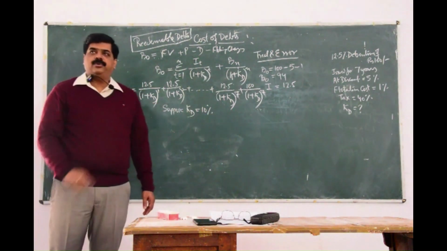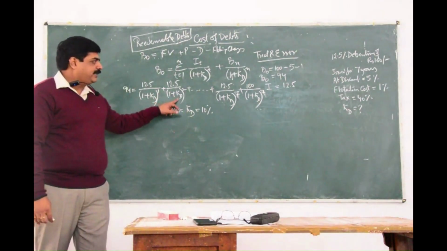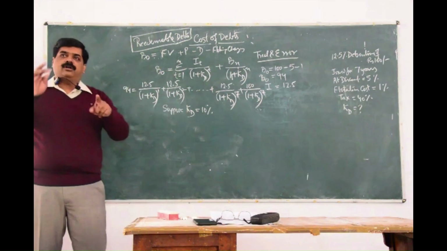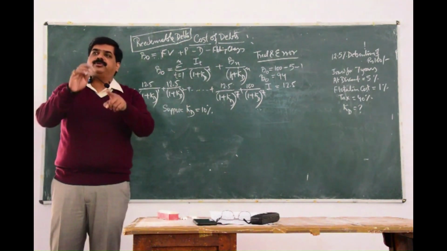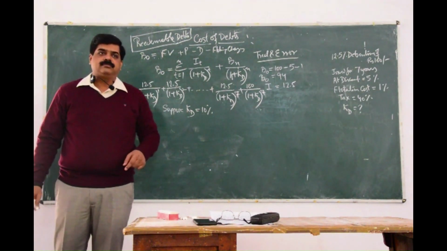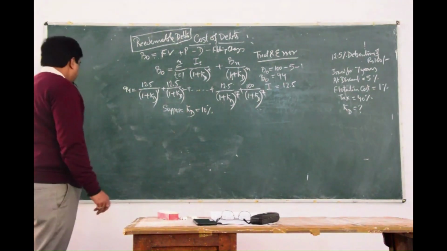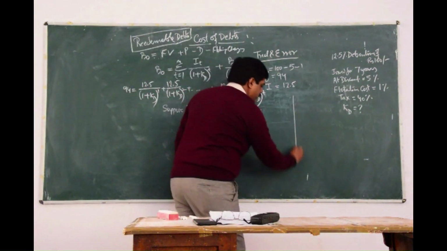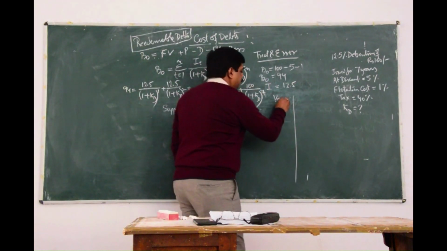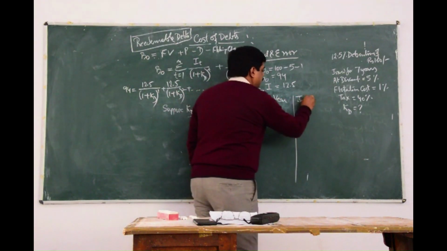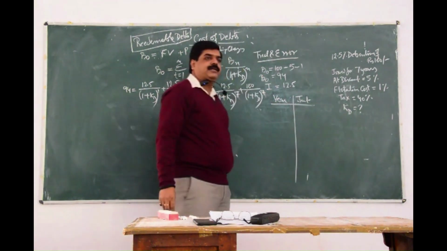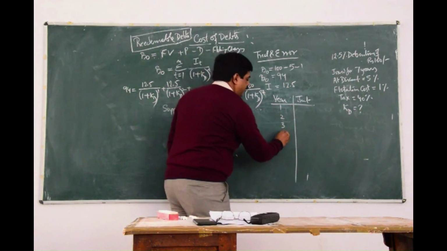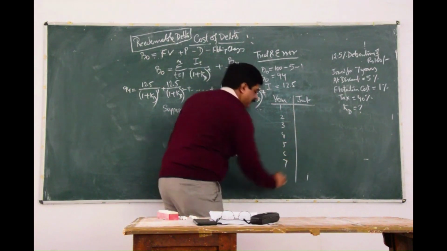One more thing you can do. Either you can put 10% here and do it with the help of a calculator, or you can make use of the present value table. You can draw two columns, year and interest. Year is first year, second year, third year, fourth, fifth, sixth, seventh.